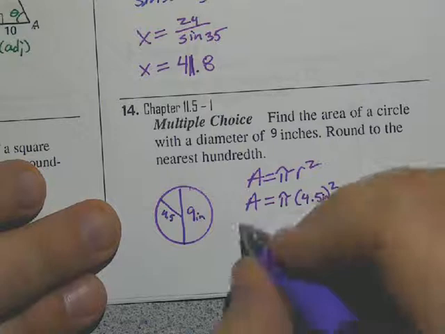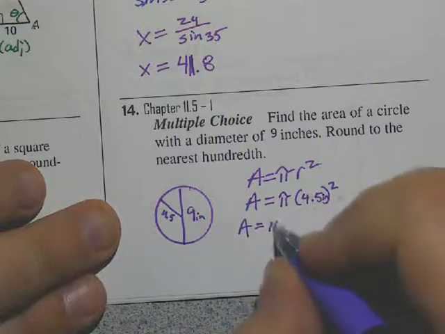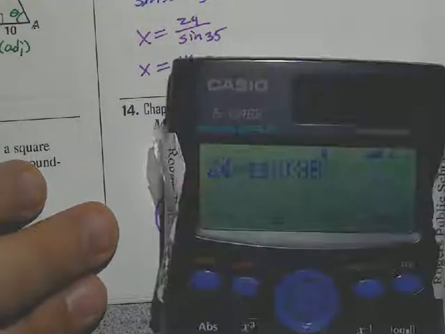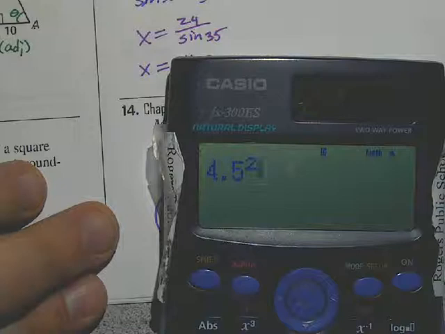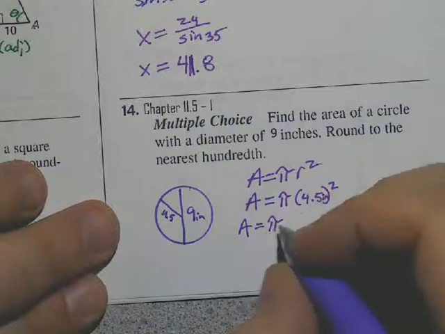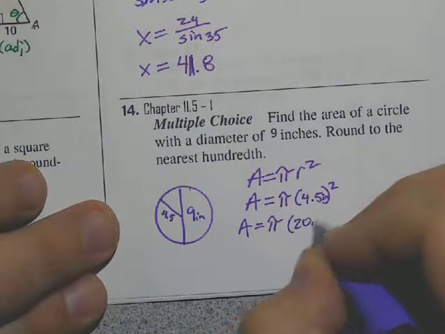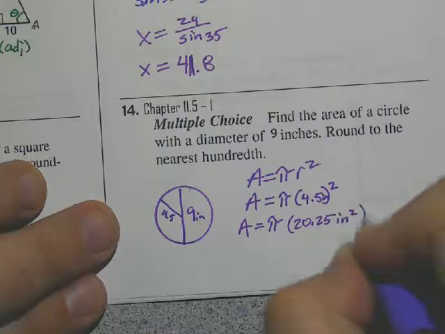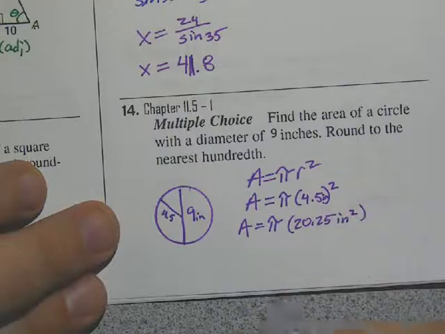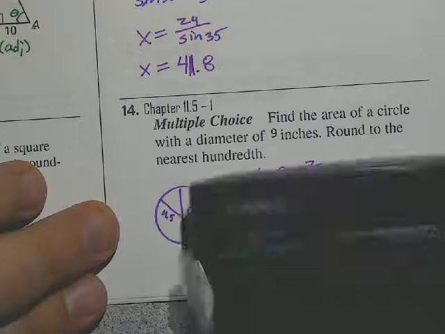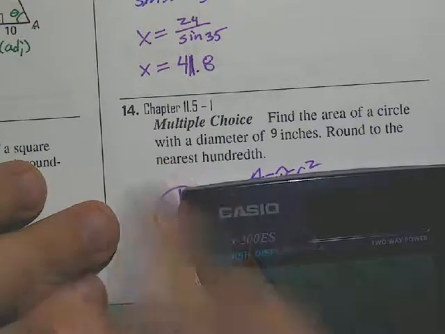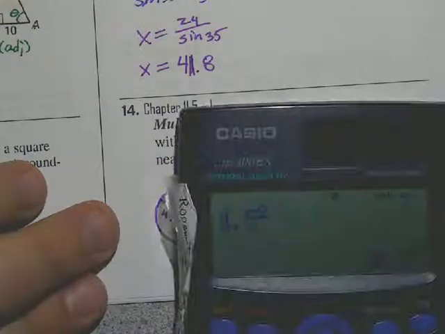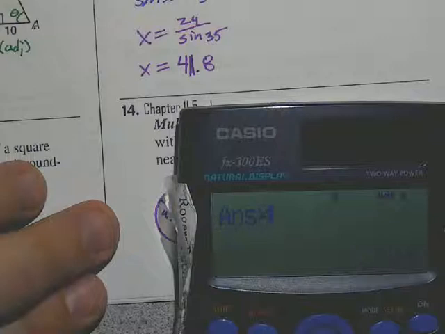Okay, so area equals pi times 81 over 4, which is 20.25. So 20.25 inches squared, because I squared those as well. And then I'm going to multiply by pi, because it does say round to the nearest hundredth, which means it's going to want me to round. So that's going to be times pi, and pi is down here.